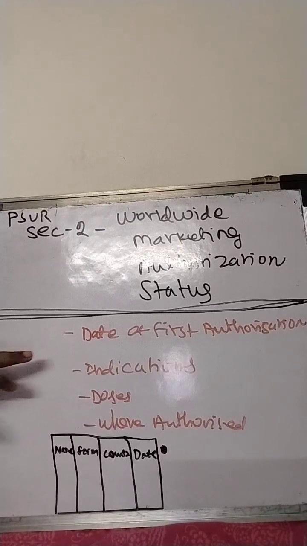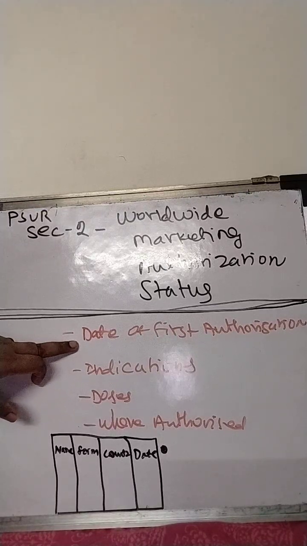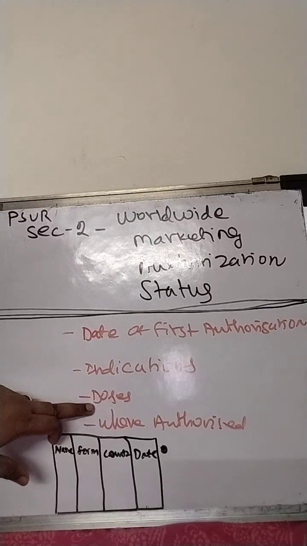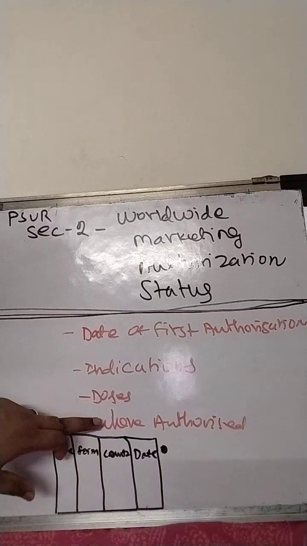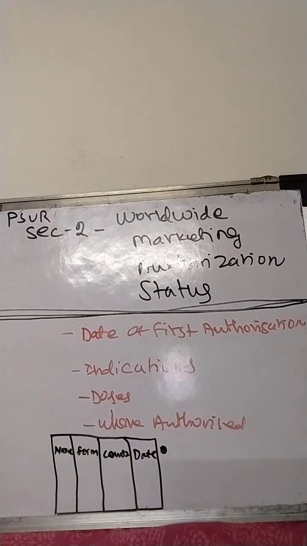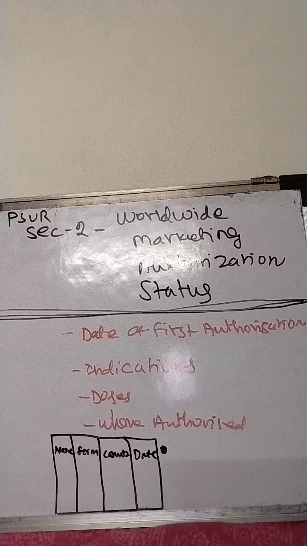That is, they have given us the date of first authorization, the indications, the doses you have, and where it is authorized. So all these things need to be covered. Usually it depends upon the company how they are practicing, because guidelines always provide a boundary for how to provide the information.